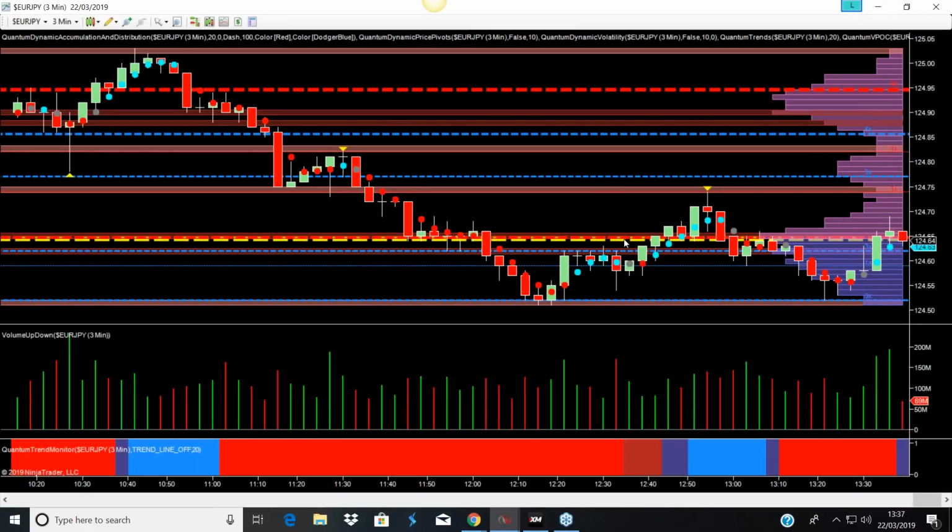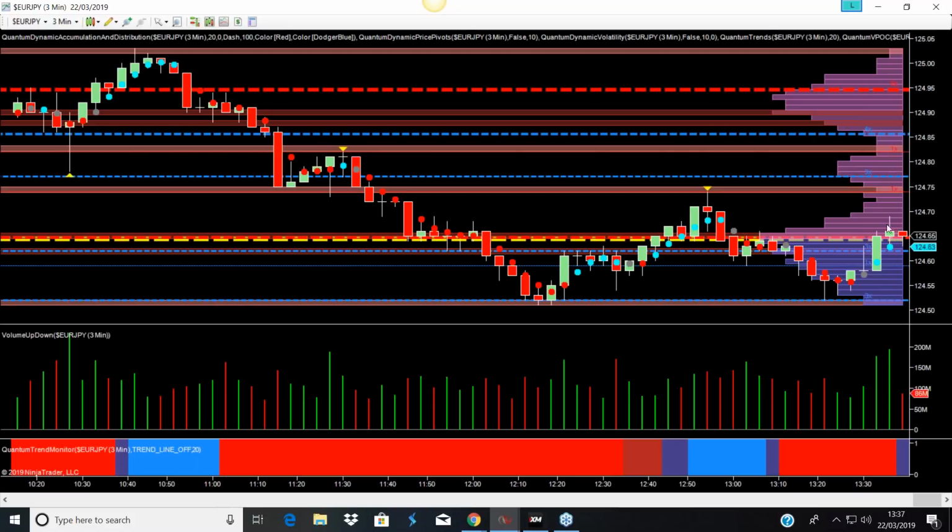In fact, what's interesting is the VPOC has now moved down to where the price action is at present, and that tells us we can certainly expect a degree of congestion, but it will also provide some decent support if this is going to go higher. It's not really terribly encouraging at the moment because you've had this up candle here with volume that was okay.